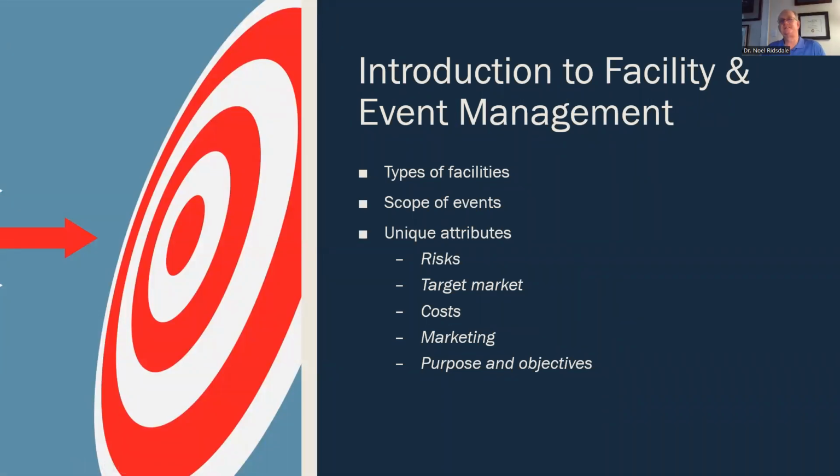The first part is an introduction to facilities and events. We're going to cover things like types of event facilities, scope of events, and some unique attributes that go with these items.